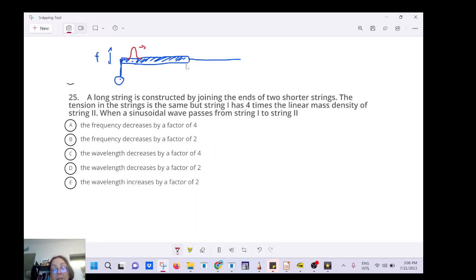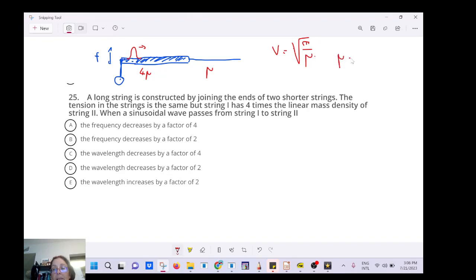There was a simulation I showed you last time. I might be able to find it. So anyway, here the linear mass is 4 times as much, and here it's 4 times less. And the tension is the same, so we don't care about the tension, but we care here about mu.